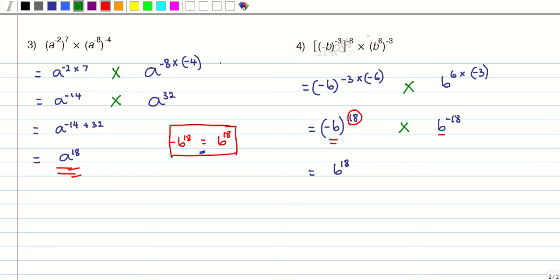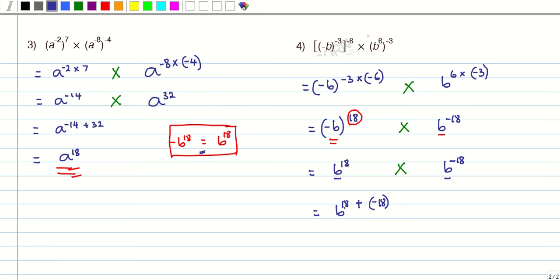Times b to the power of negative 18. Then we can use property 1 because this is b and this is b. They are the same. So we have b to the power of 18 plus negative 18.